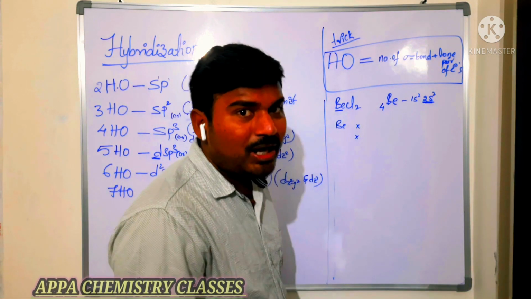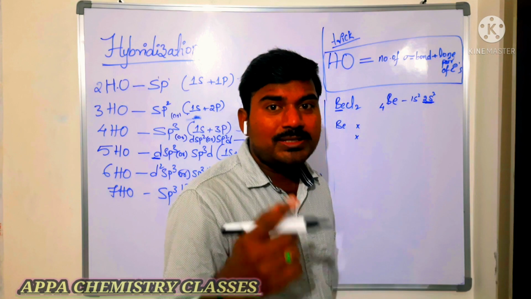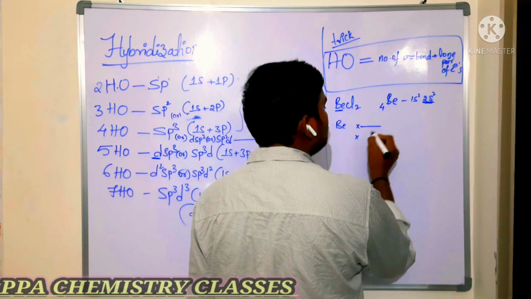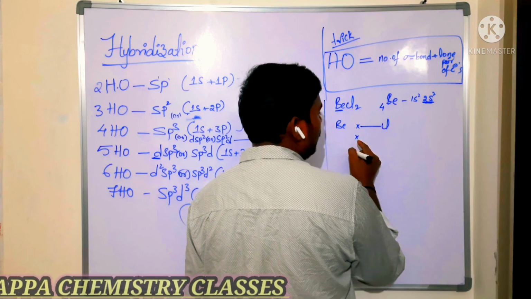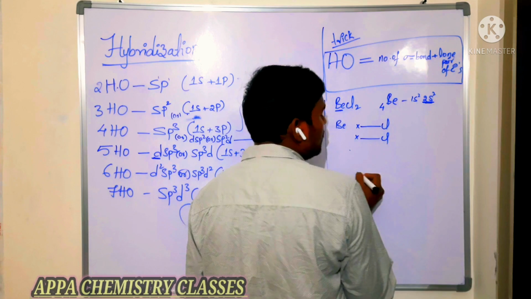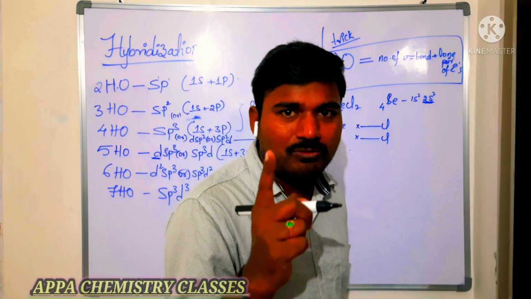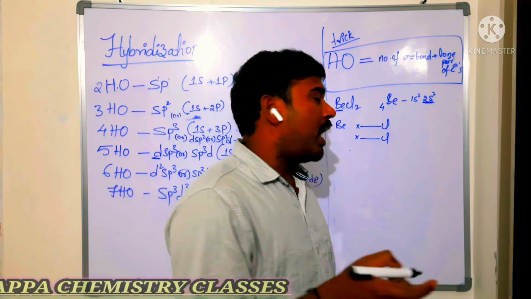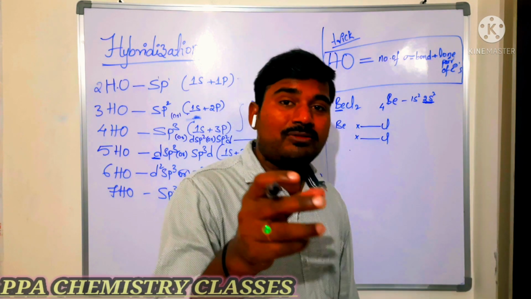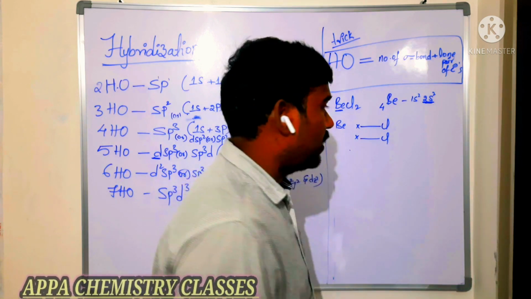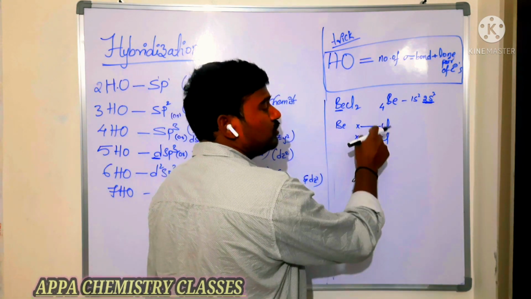Chlorine is a monovalent element or a divalent element? It is a monovalent element, which can form only one bond. Each chlorine requires one electron to form the bond. This chlorine is also monovalent and will accept one electron from the central atom, while a divalent element will require 2 electrons from the central atom to form the bond. So here 2 bonds are there.